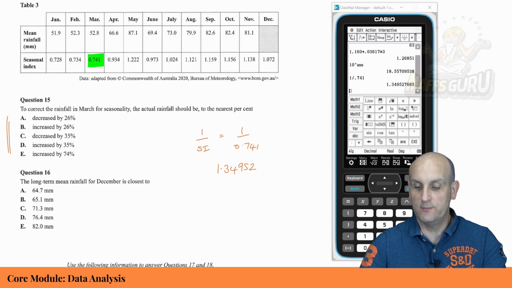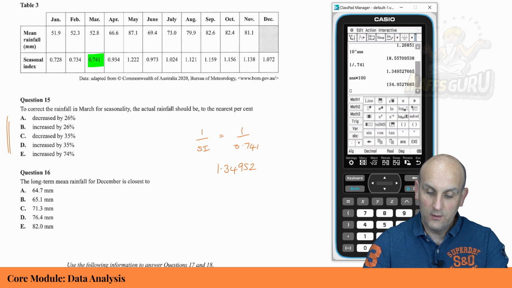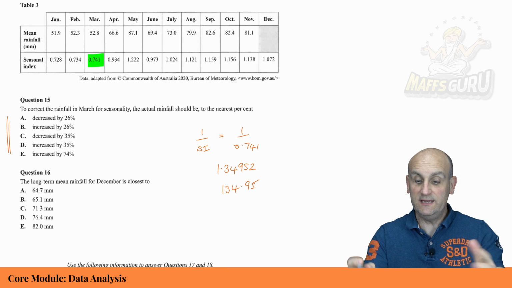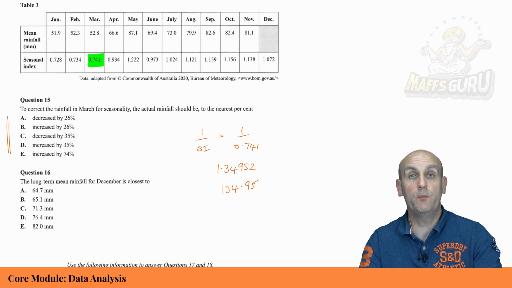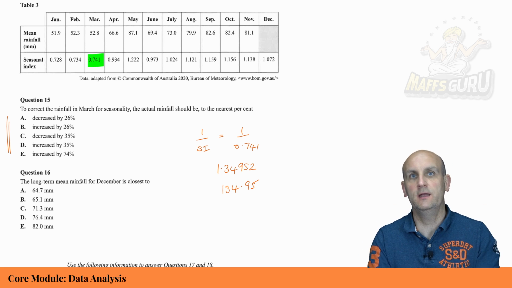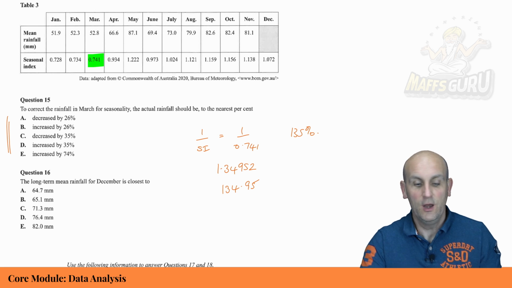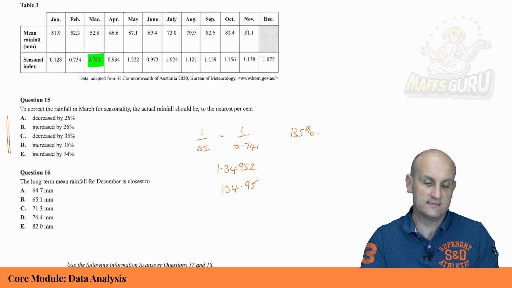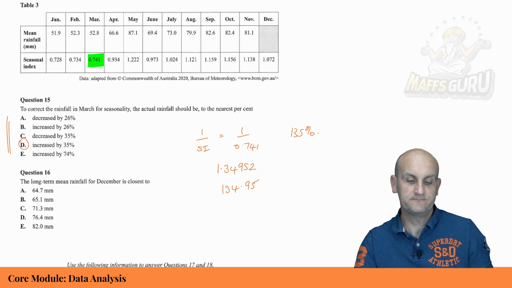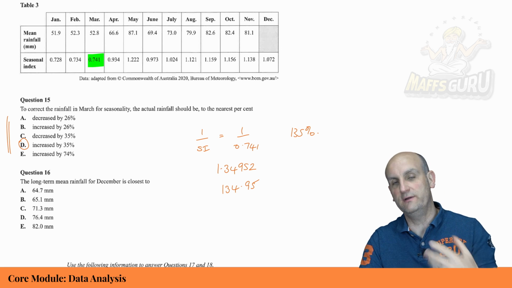Now that's a decimal multiplier, which I can multiply by 100 to give me a percentage, which gives me 134.95. So roughly speaking, what I needed to do then was compare this to the number 100, because 100 is our average, and so in this situation, because we've got 135%, we would need to increase by 35% to correct for the rainfall.